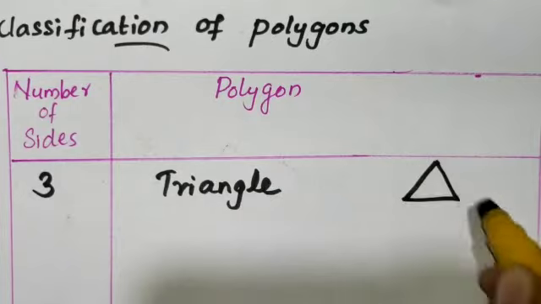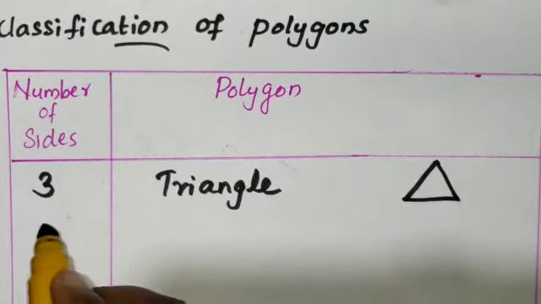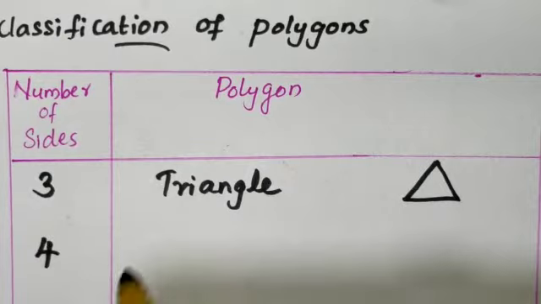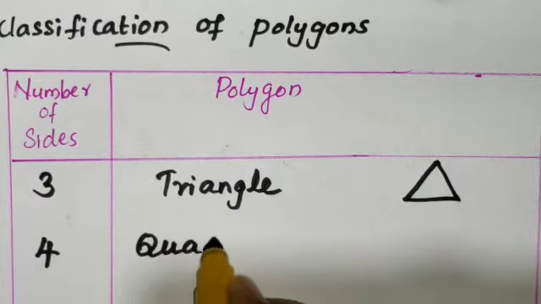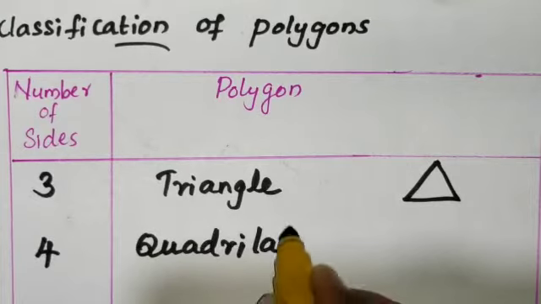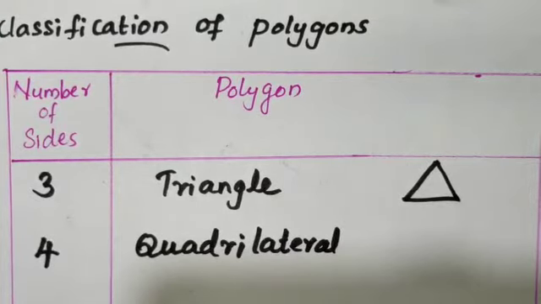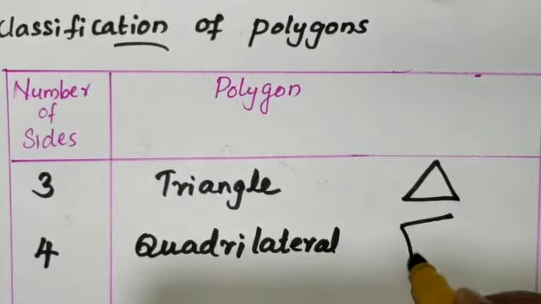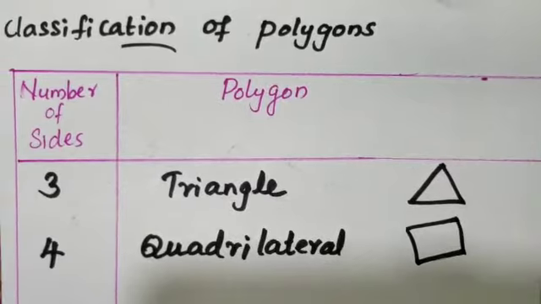A triangle is a polygon. And if the number of sides or vertices is 4, we call it a quadrilateral. That is what we are going to discuss in this chapter. A quadrilateral has 4 sides and 4 corners.